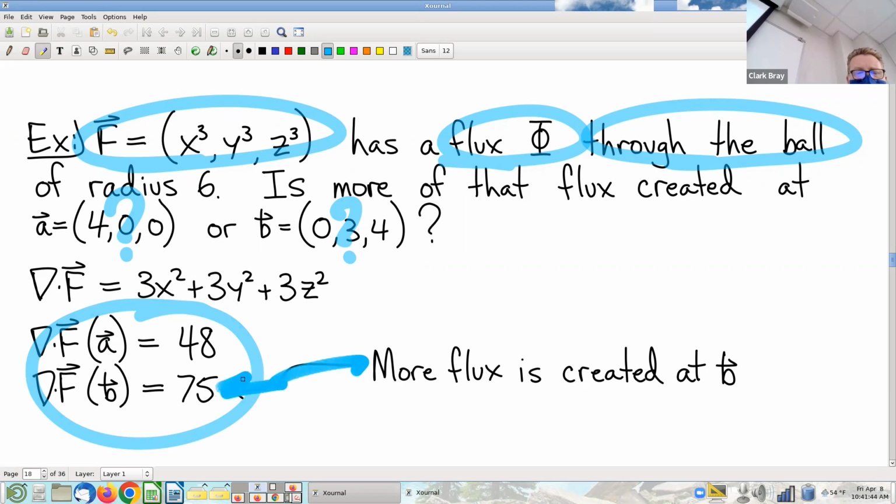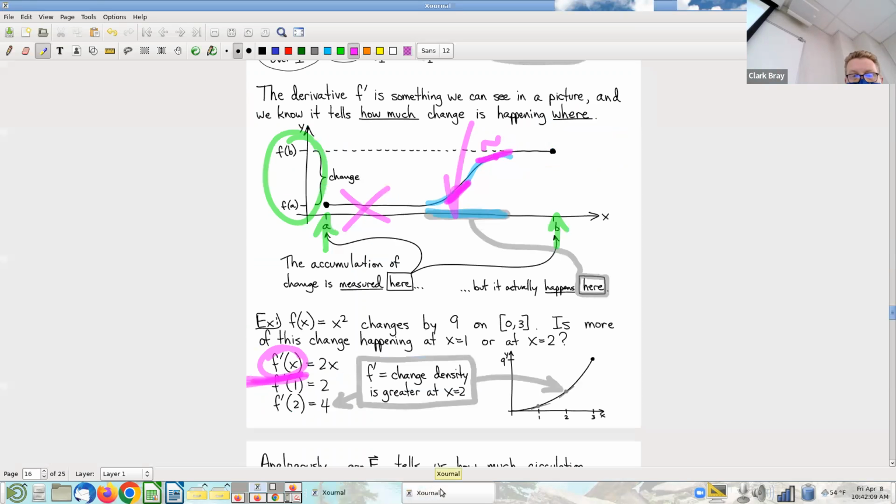And you see that the divergence is bigger at B. And so there is more of the boundary flux that you're measuring happening here than there. Some is happening at the point A, but not as much. Totally analogous to this observation here from the derivative. Everybody see what I mean?